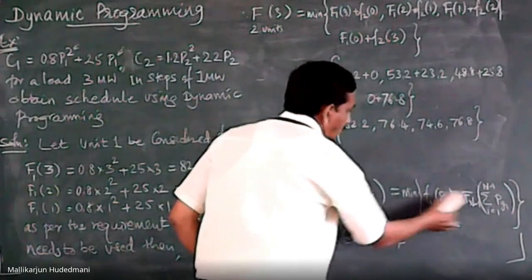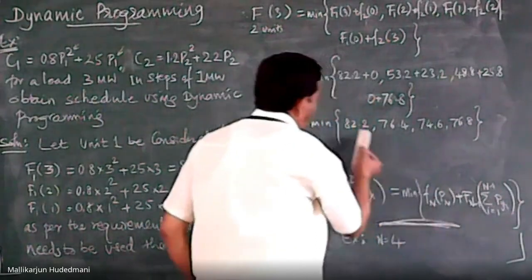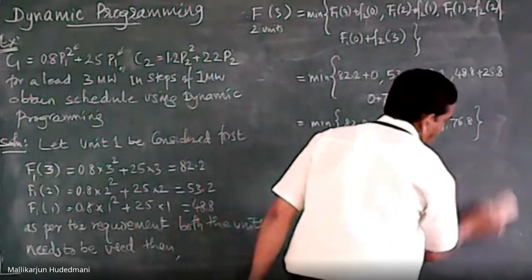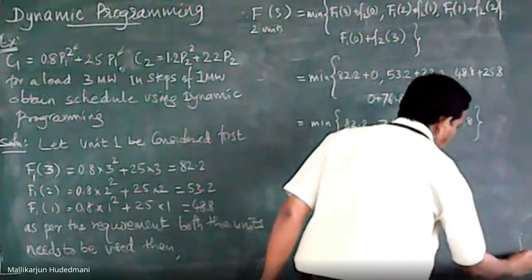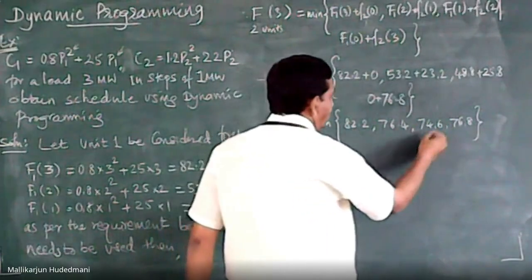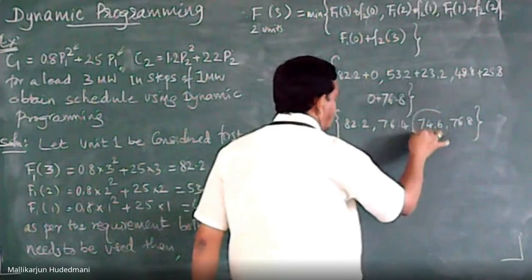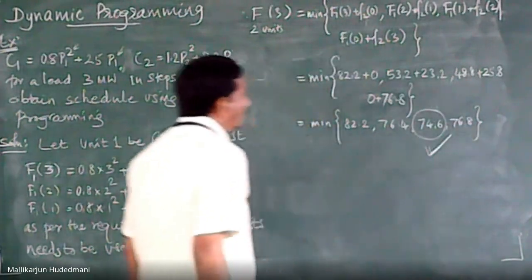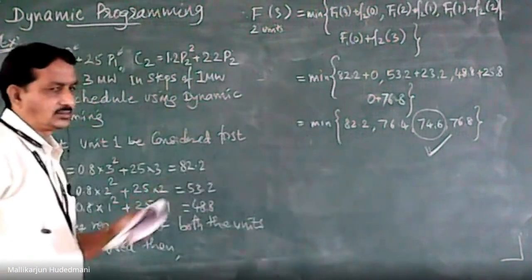So I should find the minimum of these combinations. I have the combinations already obtained. Now I'll pick what is the best here. To do that, I'll just find the value which is comparatively minimum. I think this fits here: 74.6.